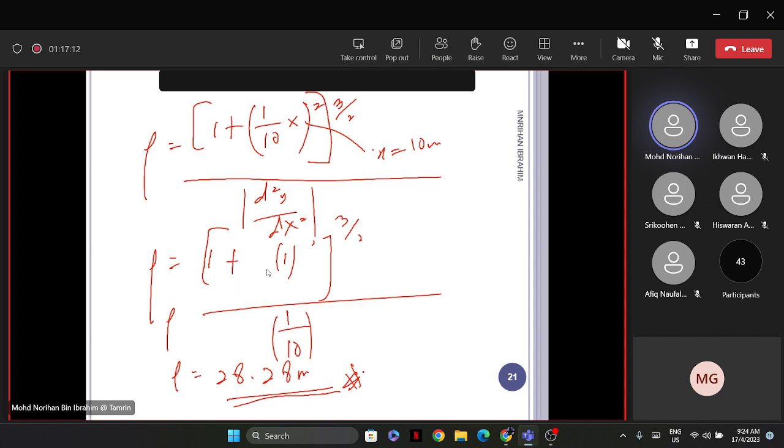So once you got this rho, then we can go to the next step, how to determine the normal component.